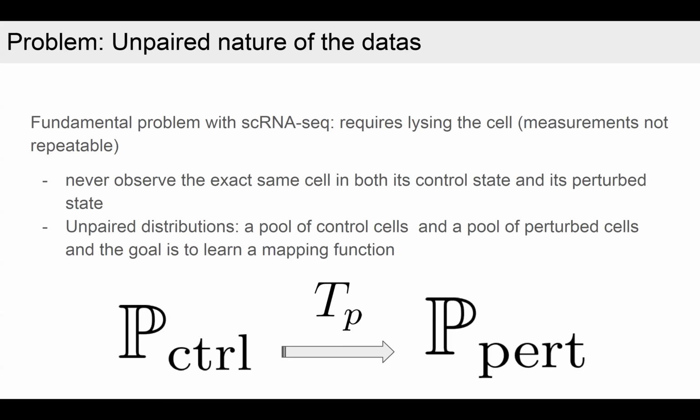So we have only one measurement on a given cell. We cannot measure a cell without perturbation and after perturbation. So this is the unpaired distribution problem. And what we want to do is to find that mapping function that maps a cell to a perturbed state after applying a perturbation.